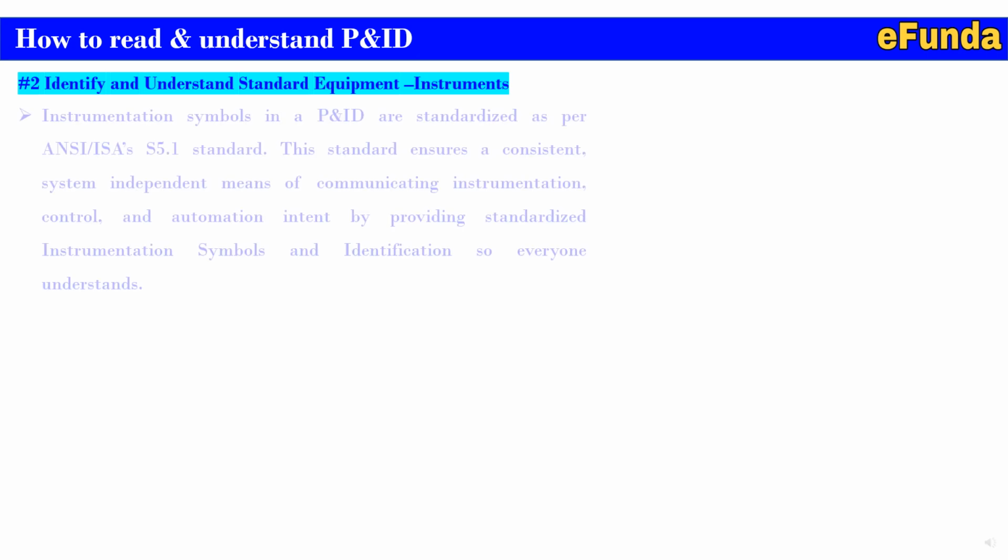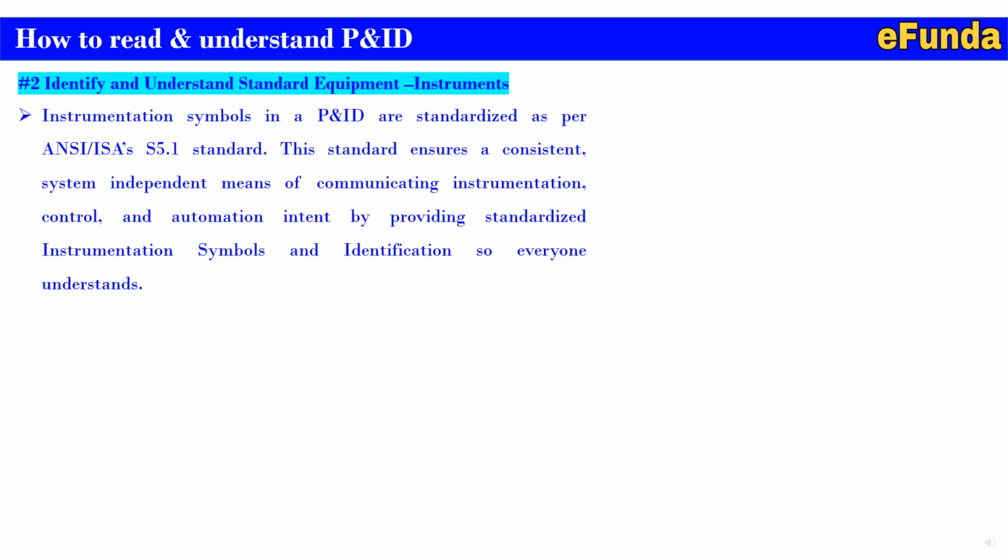Step 2, identify and understand standard equipment, that is instruments. It is also important to know how to read its symbols and shapes in the drawing. Instrumentation symbols in P&IDs are standardized as per the ANSI ISA 5.1 standard.